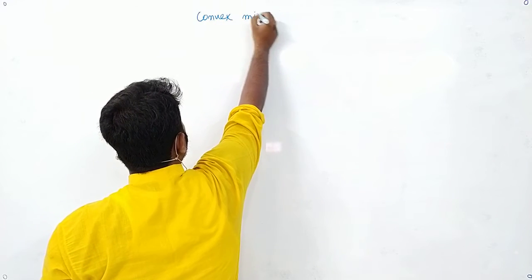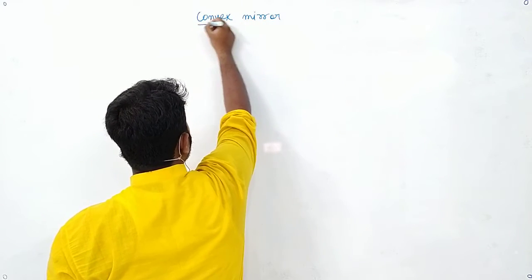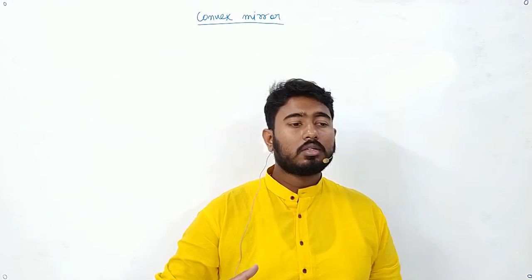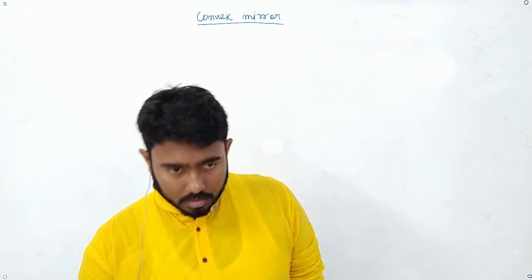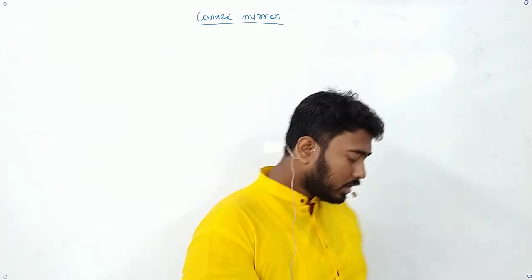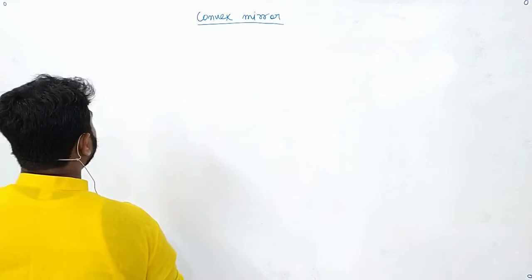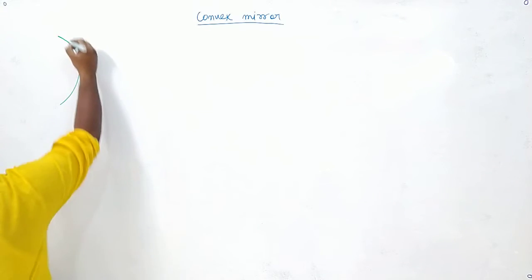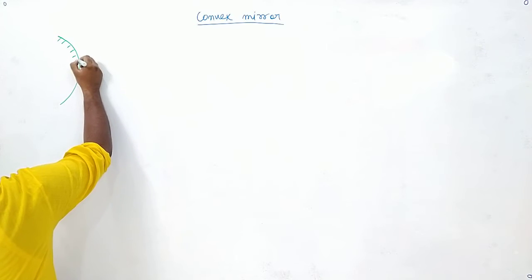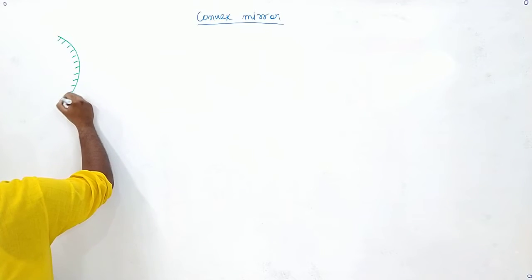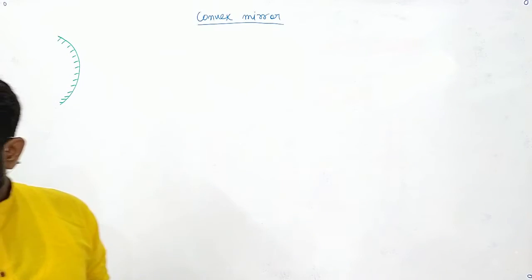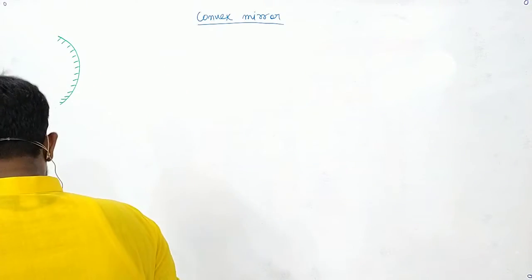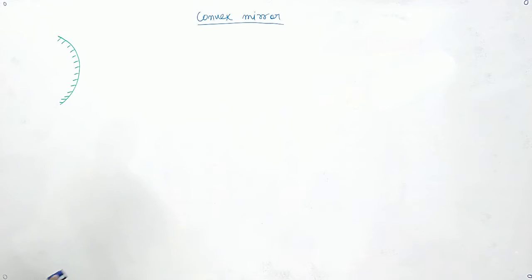Now we will do the convex mirror. What did I tell you about the convex mirror? In a convex mirror, the outer side is the reflecting surface. So let us draw our idea of the convex mirror. This one is our convex mirror.